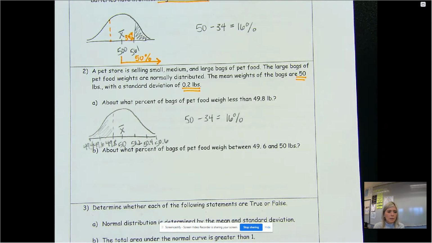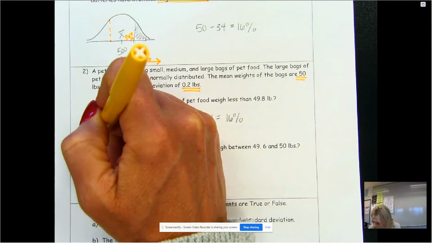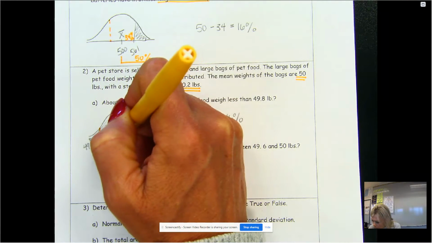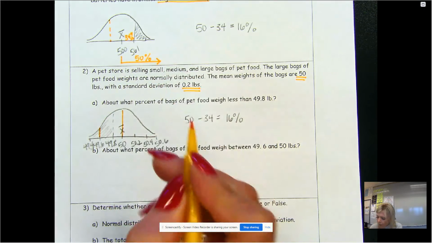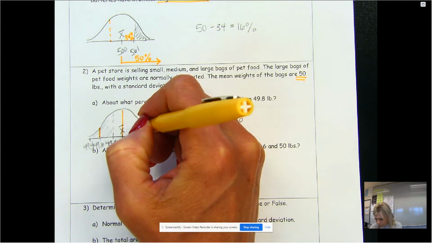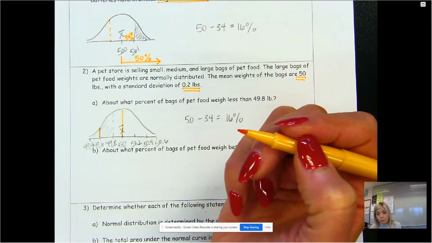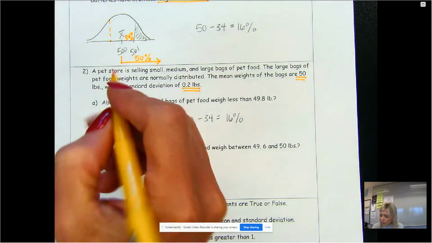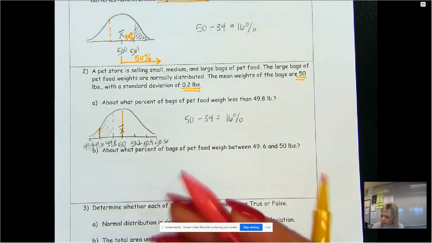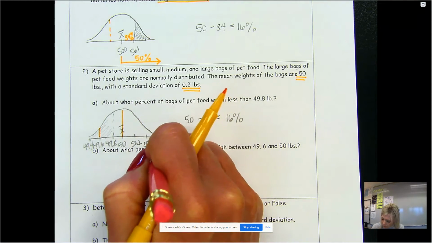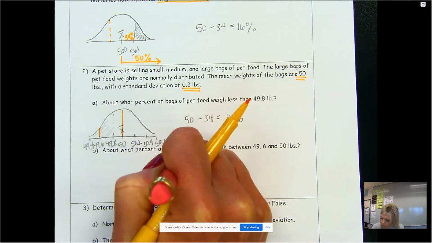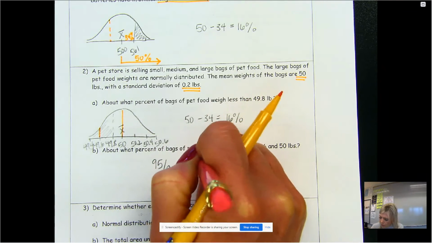Between 49.6 and 50, 49.6 is 2 standard deviations below the mean. 50 is the mean. So we know that within 2 standard deviations of the mean is 95% of the data. So this is just half of that 95 for part B. So 95 divided by 2, 47.5%.